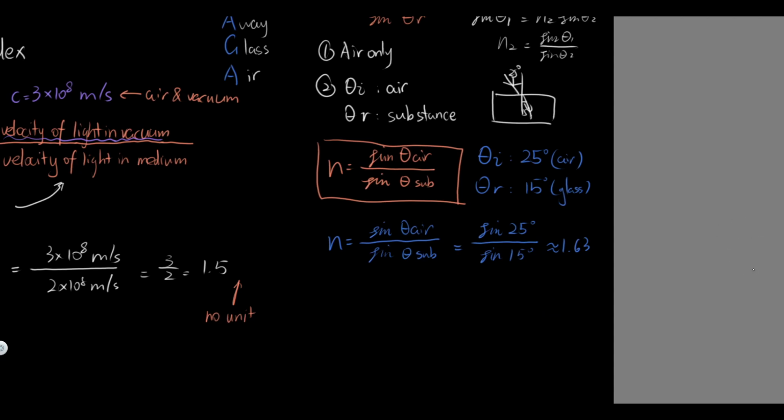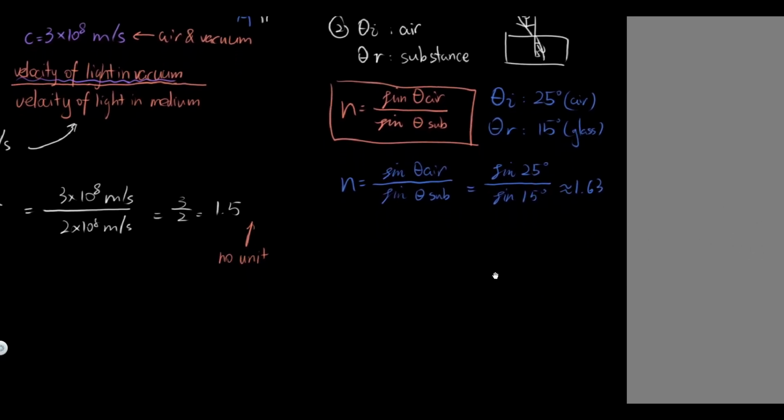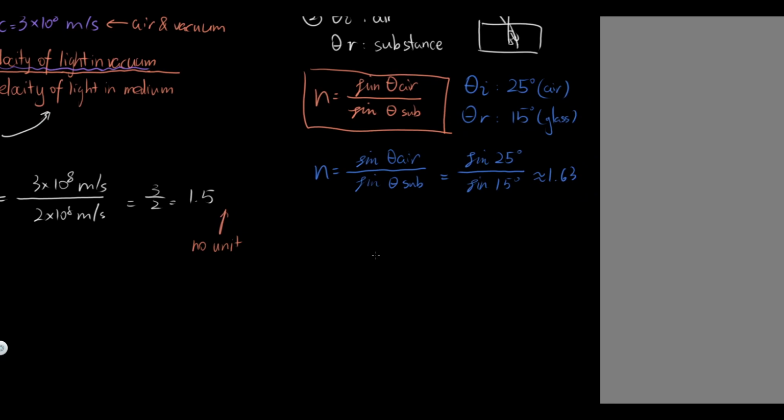A fun fact is that the currently known substance with the largest refractive index is diamond, which I believe has a refractive index of around 2.4. So you know that your n is definitely going to be somewhere between 1 and 2.4. That's useful to remember when you're doing a test. If you got something like 3.6, that's definitely incorrect.